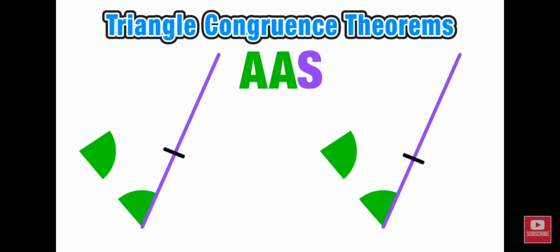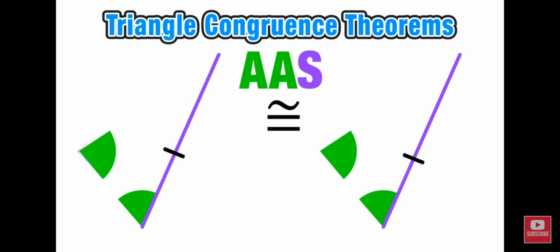Now we don't want to confuse the last theorem, angle, side, angle, and this theorem of angle, angle, side, because both of them involve 2 congruent angles and 1 congruent side. The difference is that in angle, angle, side, the congruent angles are consecutive. That is, that they are one after the other. And then the congruent side is next to them instead of in between them.